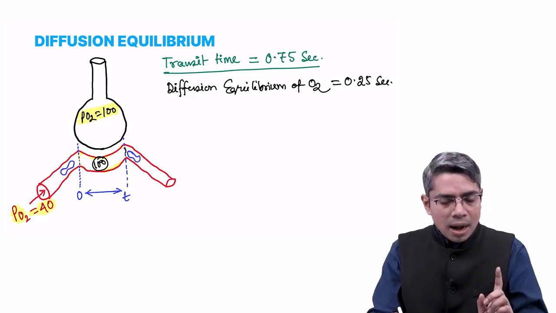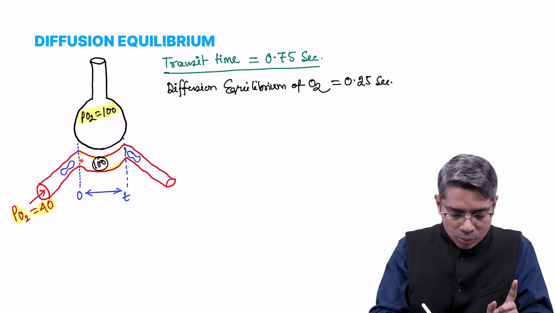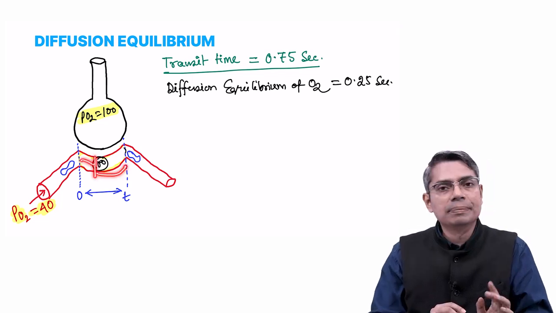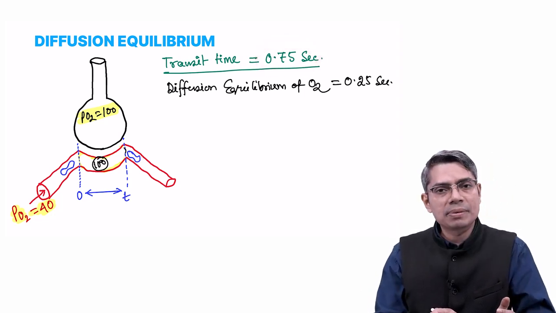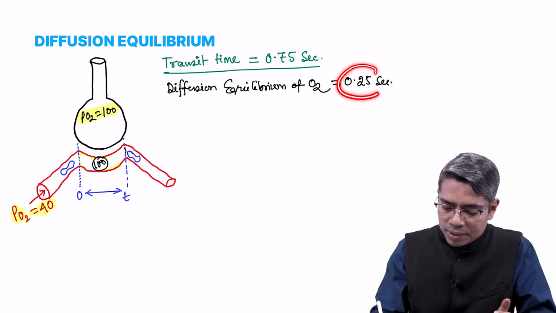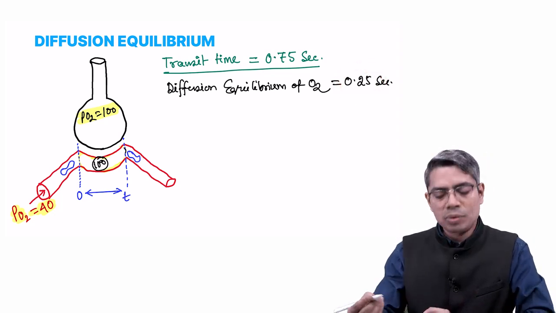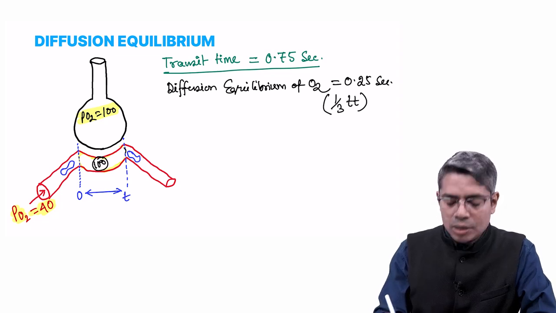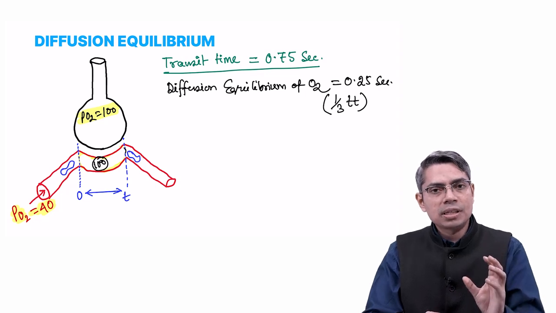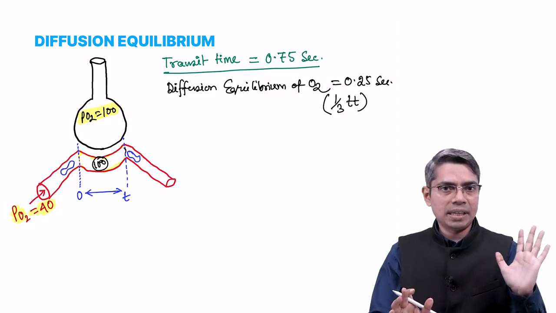Means when the RBC is only at 1/3 of the total transit time. What is the total transit time? 0.75 second. And equilibrium is reached at 0.25 second. Means 1/3 of transit time is required for diffusion equilibrium to occur. Getting my point?